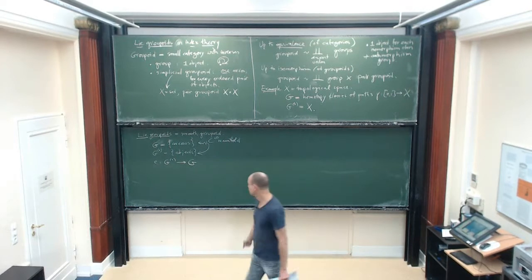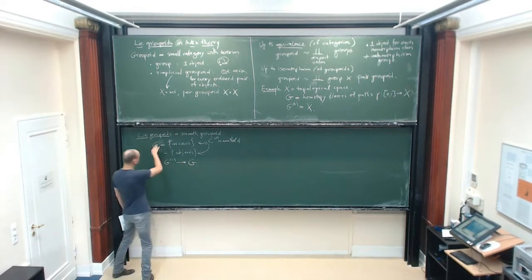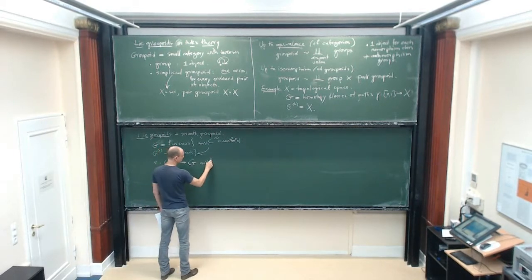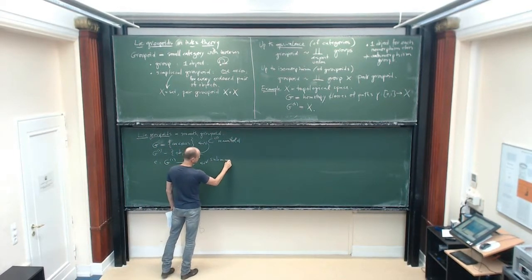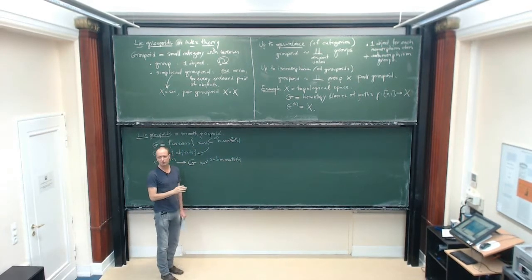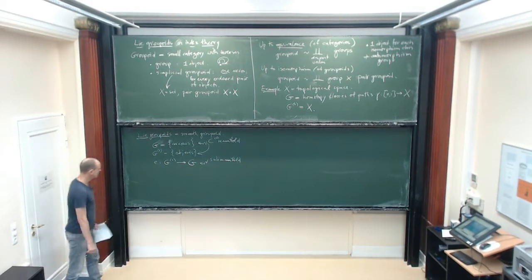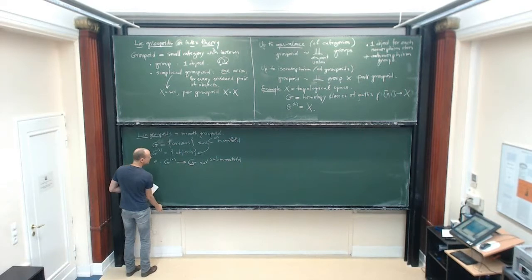So in this case, for smooth groupoids, you want this to be a submanifold. I guess the term is embedded. Immersed, embedded. It's embedded, I think, but whatever the correct term is. I don't have good memory.